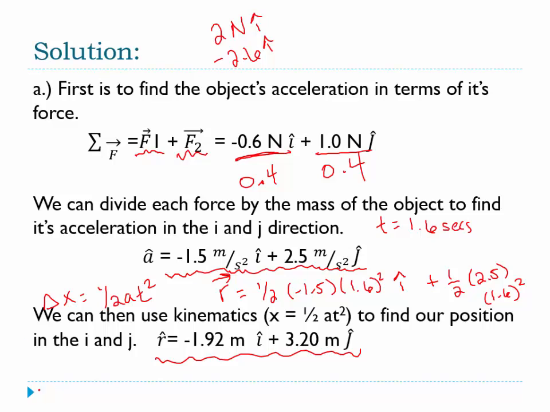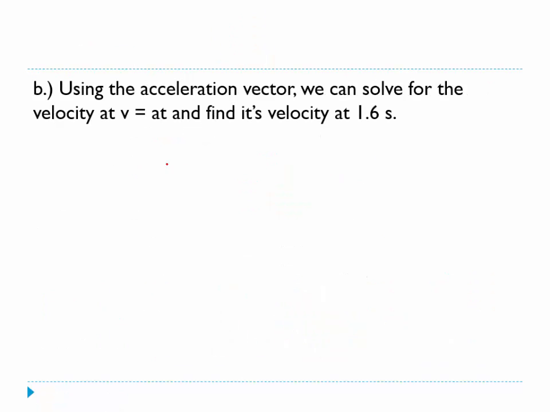You can do the same thing for the velocity vector. We can use this expression, right? Because normally it's v equals initial velocity plus at. But we're saying there's no initial velocity. So we can do the same thing that we did up there for our velocity vector.